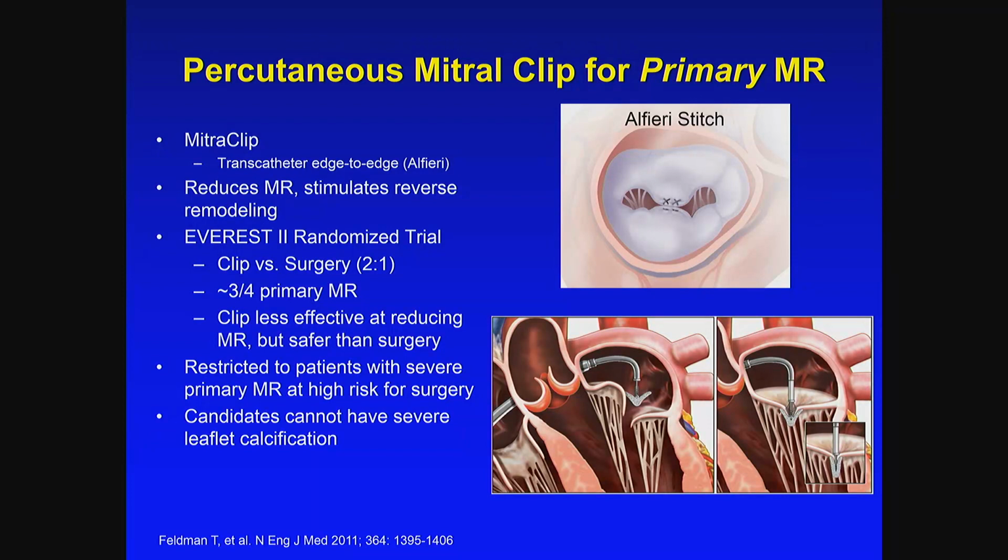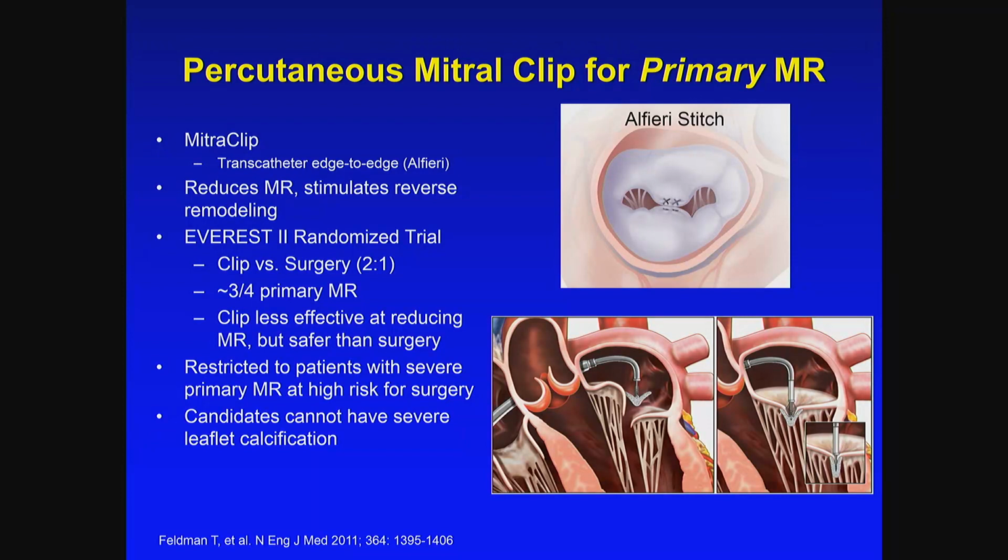The one in most widespread use at present is the MitraClip, a transcatheter edge-to-edge clip for the mitral valve that mimics the Alfieri surgical stitch, whereby the redundant prolapsing leaflets are cinched together in the middle to create a double orifice mitral valve and dramatically reduce the amount of mitral regurgitation.